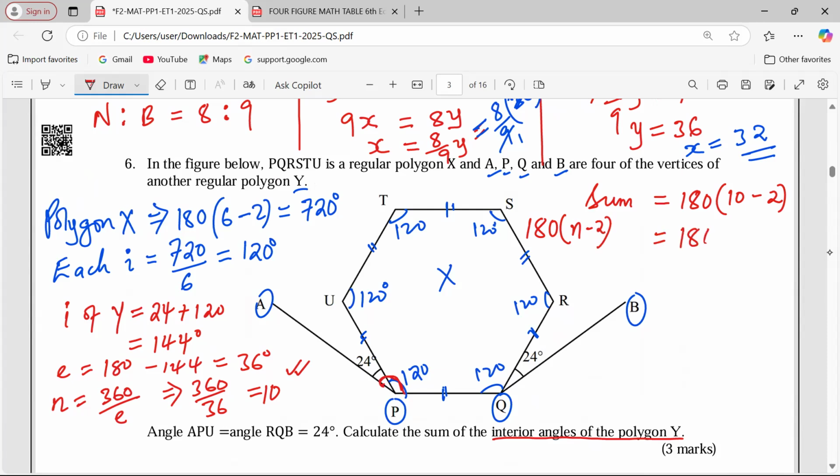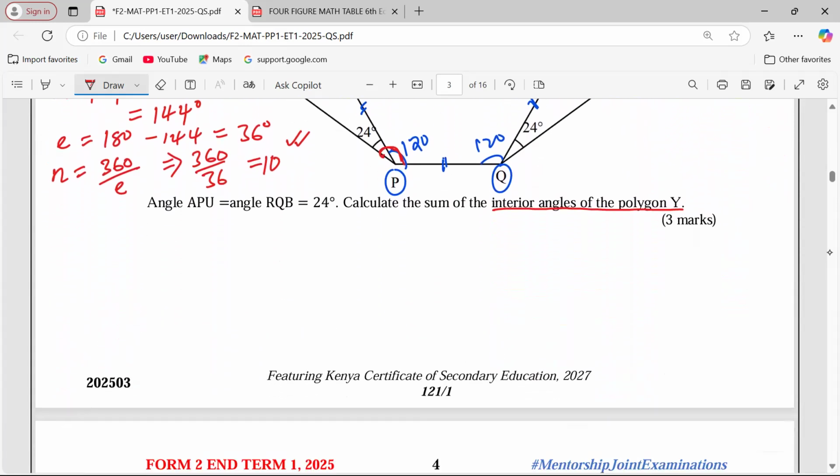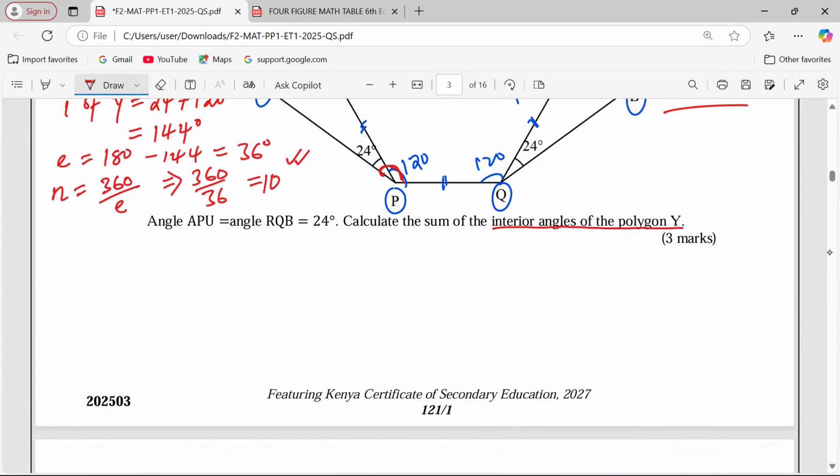Therefore, 180 multiplied by 8 should give us 1440 degrees. So that is it, 1440 degrees.